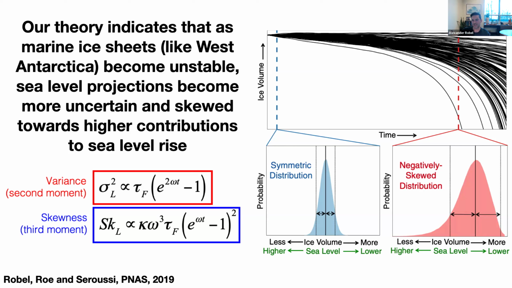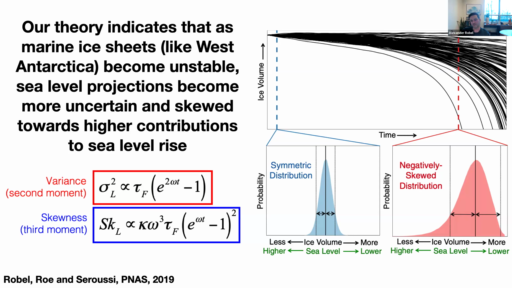What that is to say is, as your system becomes unstable, the spread of uncertainty increases very quickly in that system. Not only that, the other thing that we found in this paper was that the rate at which it increases also depends on the time scale of variability that you force the system with. So if the climate variability is dominated by lower frequencies, then the spread of uncertainty in the system is larger in that case.